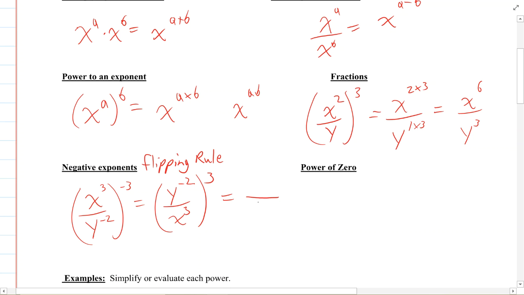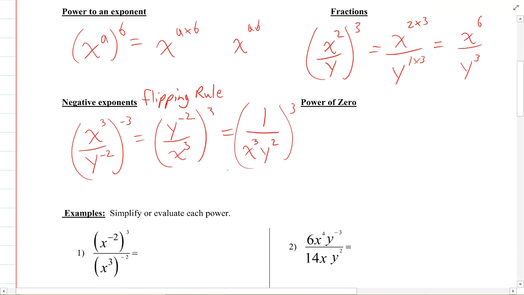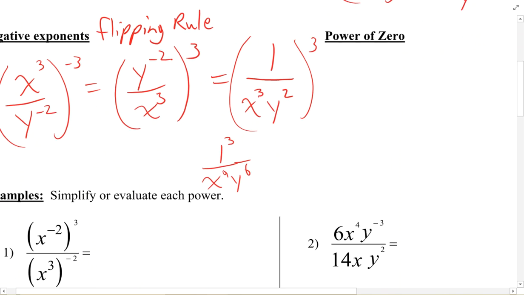Because y is down below, like we totally get this part, x cubed y squared, all to the power of 3. But what goes up top? Zoldy? Yeah, good job. So when we move everything, we just leave it as a 1. So then we could do 1 cubed over x to the 9 y to the 6. So you could then multiply in.